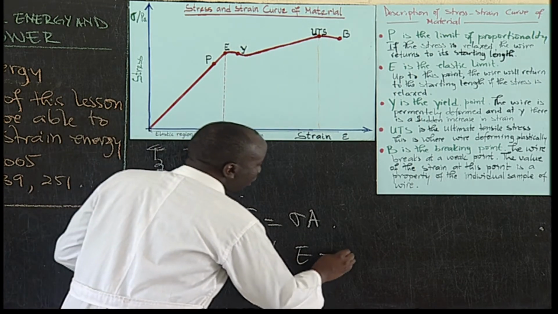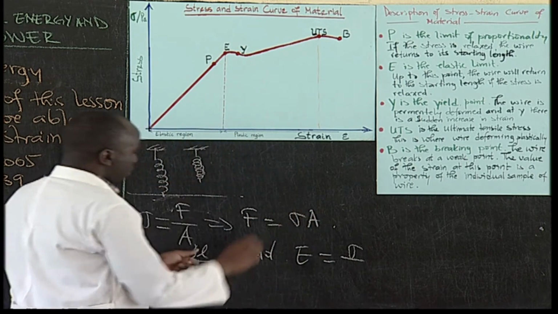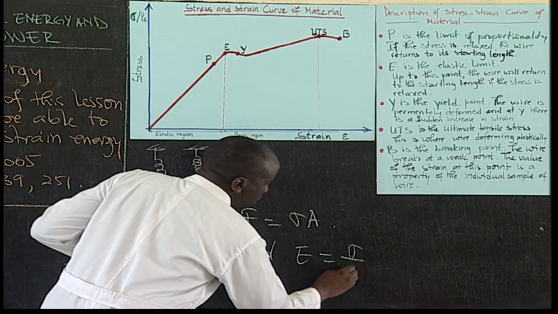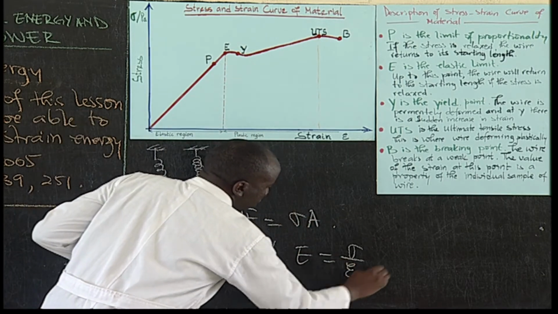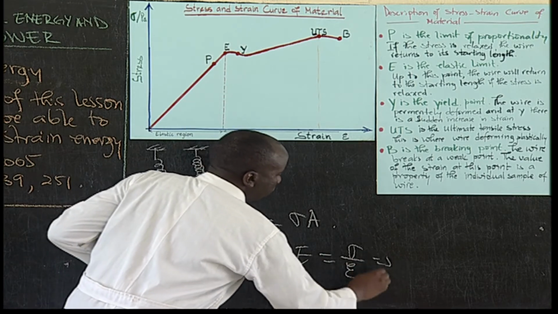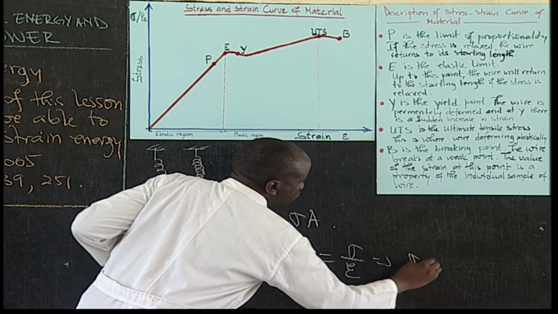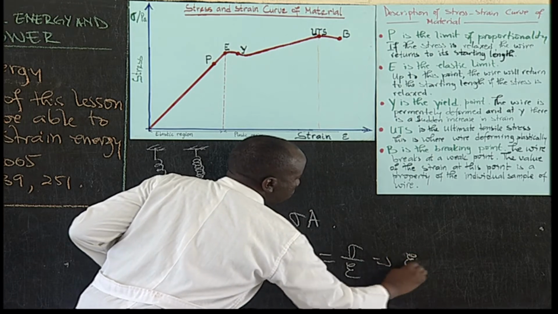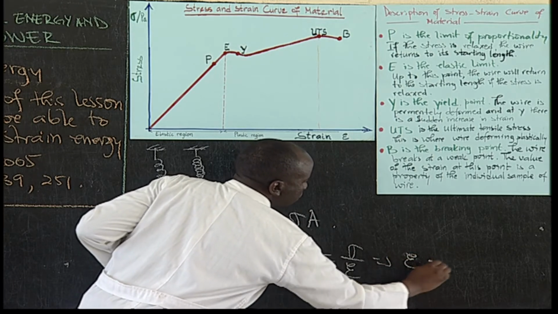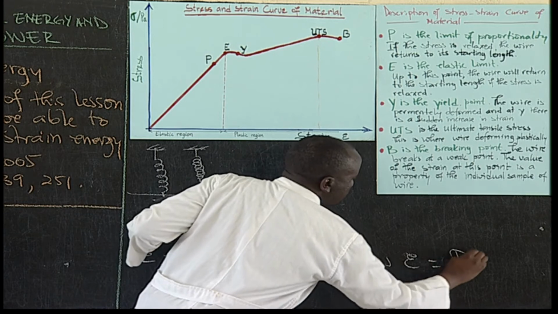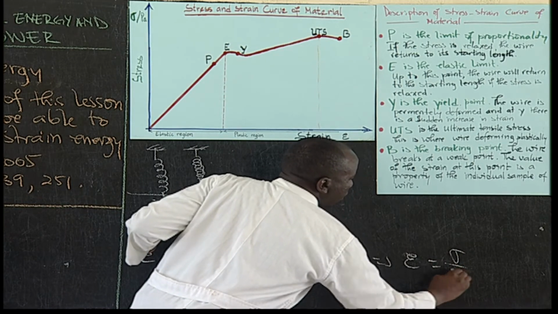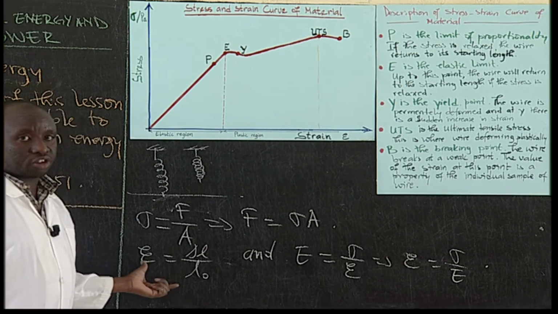Elastic modulus is the ratio of this stress to the strain, so E is equal to sigma over epsilon. You can change it in any way that you want.